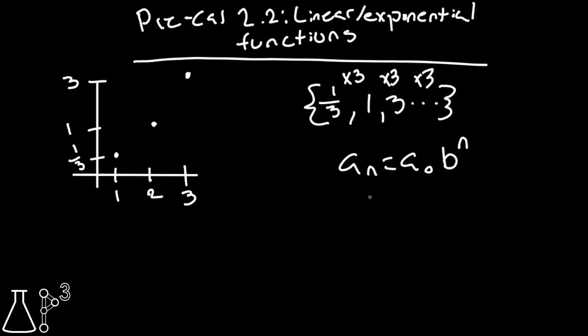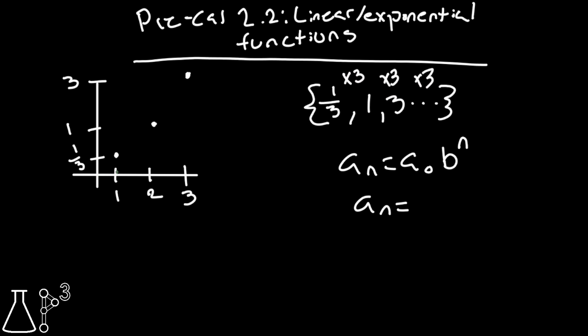So a_n is going to be equal to your a initial. Now, just like in the first example that I showed you, when we did it with linear functions and arithmetic sequences, notice how it doesn't give us a_0, or when n is equal to 0. It gives us when n is equal to 1.